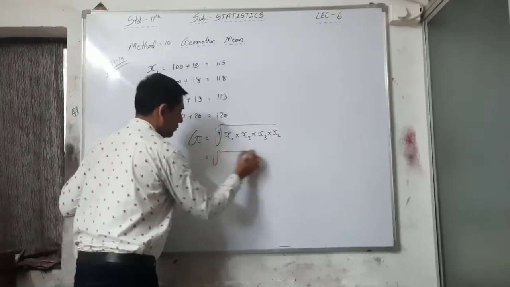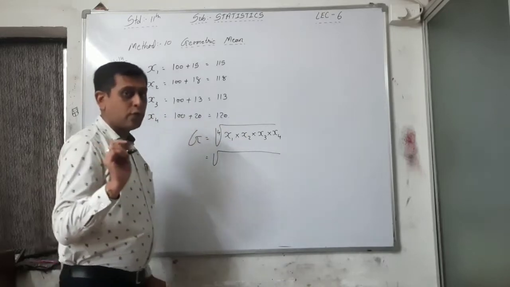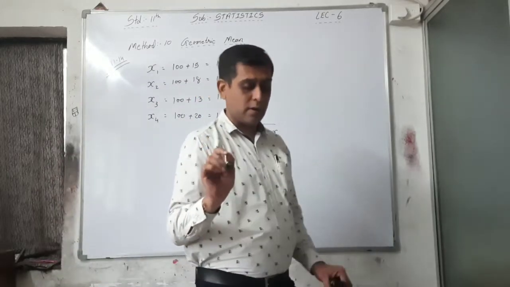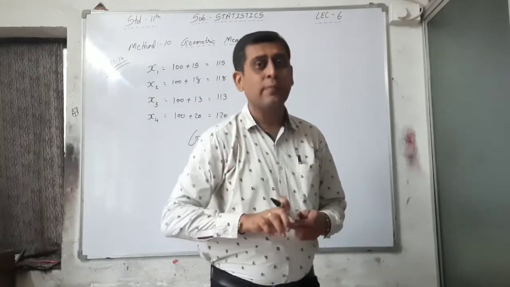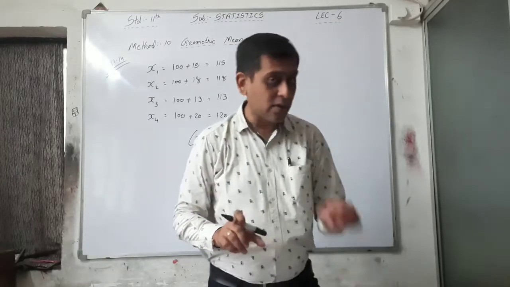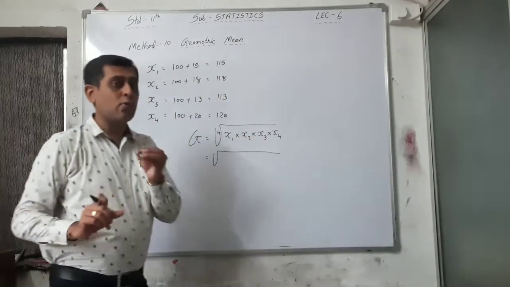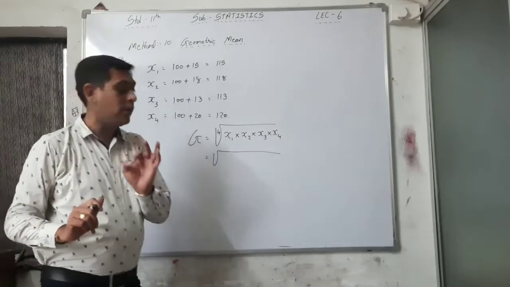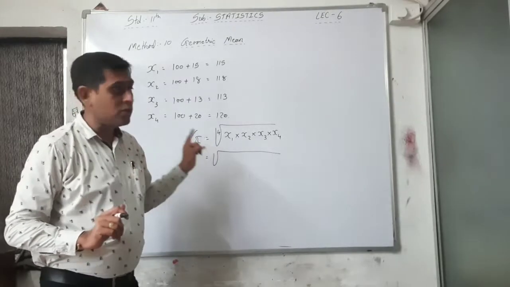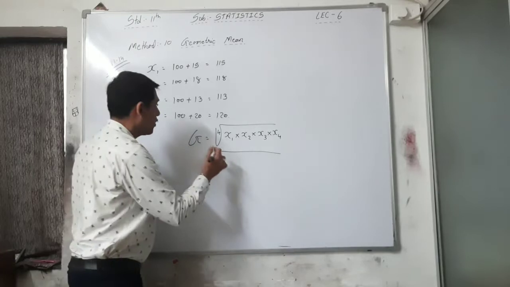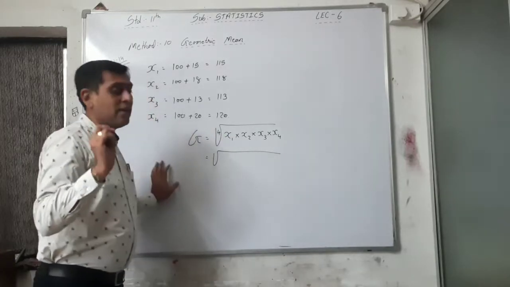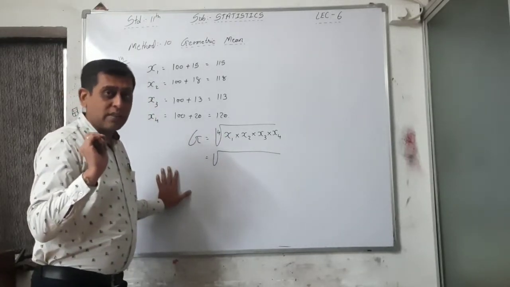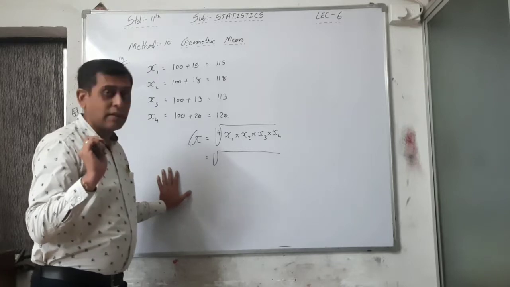Now see, the steps of the whole sum are important. If you skip any step, then you will get lesser marks. So you have to keep in mind that you have to write all the steps included in the sum. Okay, so first of all, each and every time you have to write the formula, and then you can calculate the answer.